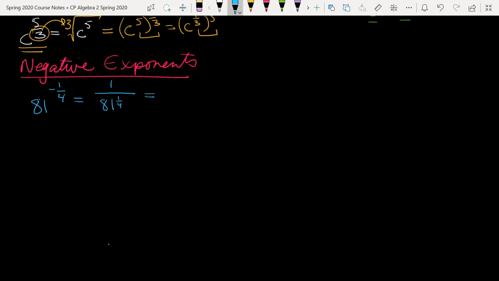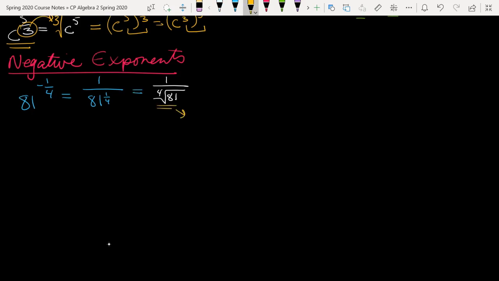Well, let's translate this into a form that we're more familiar with. 81 to the 1/4 is the same as 81 to the 1st power raised to the 1/4 power, or the 4th root of 81. Well, we know what the 4th root of 81 actually is. This is just 3. So this entire expression reduces to 1/3.